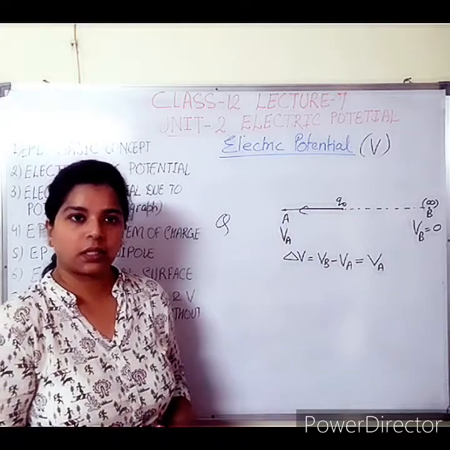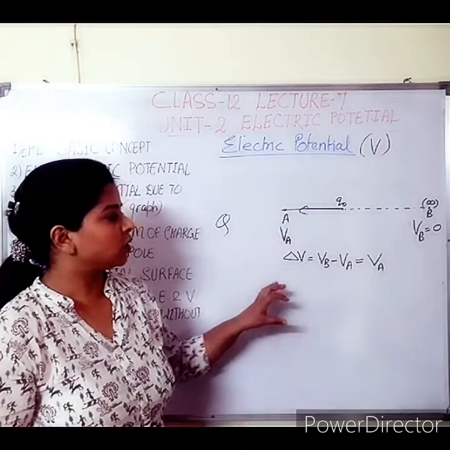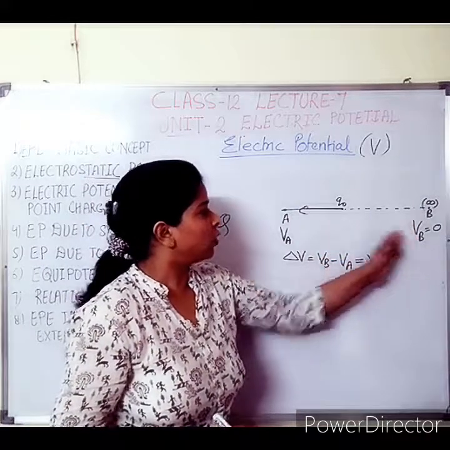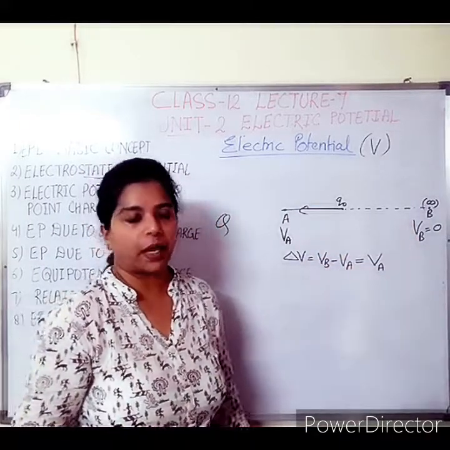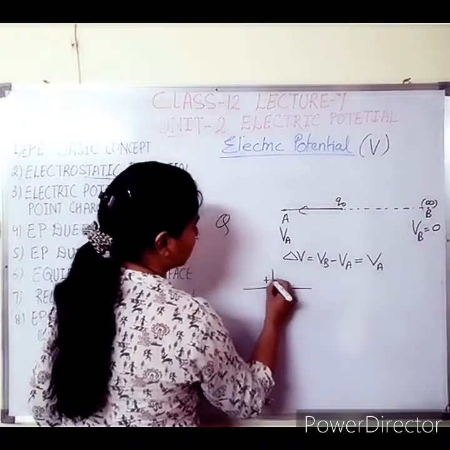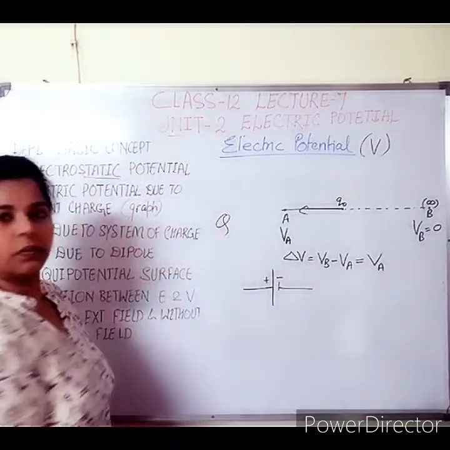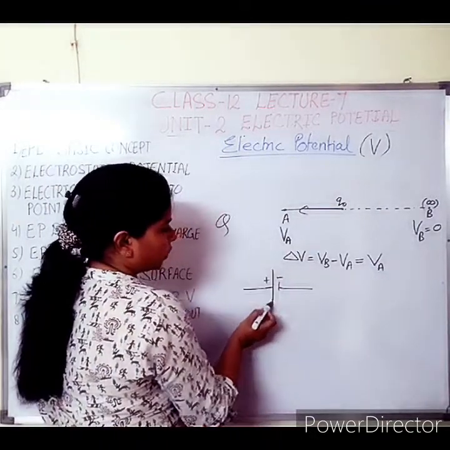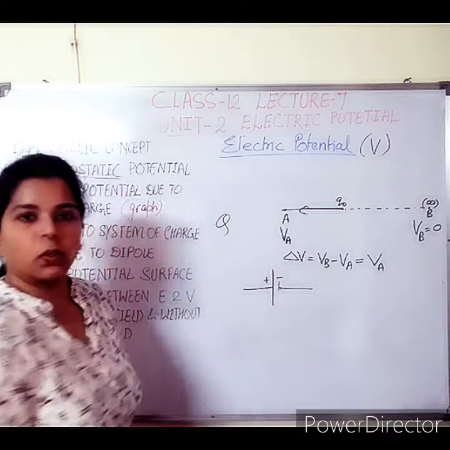Potential difference actually exists, but electrostatic potential is an imaginary thing, when we imagine one of the two points at infinity. And the practical cases are here. When we draw a battery, this is the positive terminal and this is the negative terminal. Positive terminal means what? It is at higher potential, and the negative terminal is at lower potential.